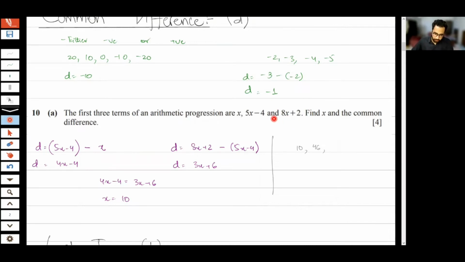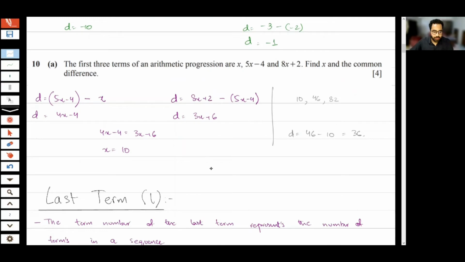This will be 80 plus 2, which is equal to 82. सही है, तो अब करना क्या है, कोई भी दो टर्म्स को आप सब्ट्रैक्ट कर दें तो आपके पास कॉमन डिफरेंस आ जाएगा. या फिर हम लोग इसको भी यूज कर सकते थे. हाँ ठीक है, we can also use this and you can either use this, which is both of them are correct. तो हमारे पास d की वैल्यू क्या आ जाएगी, 46 minus 10 which is equal to 36. ठीक है.